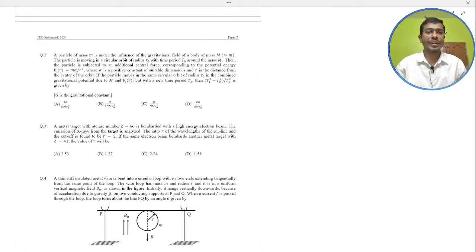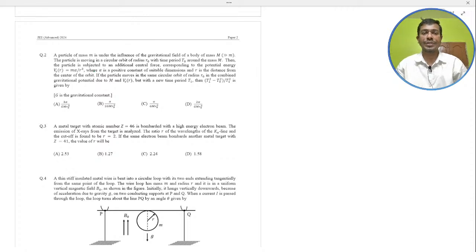The particle is moving in a circular orbit of radius r0 with time period T0 around the mass M. Then the particle is subjected to an additional central force corresponding to the potential energy mα/r³, where α is a positive constant of suitable dimensions and r is the distance from the center of the orbit.